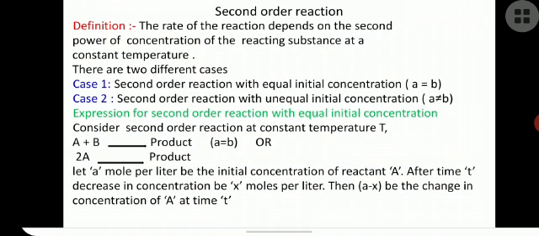In this case, the single reactant is there. Let small a mole per liter be the initial concentration of reactant A. After time t, decrease in concentration be x moles per liter. Then a minus x be the change in concentration of A at time t.